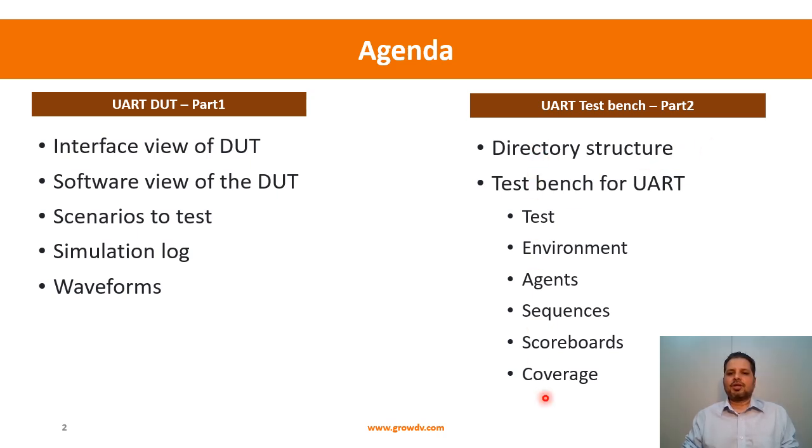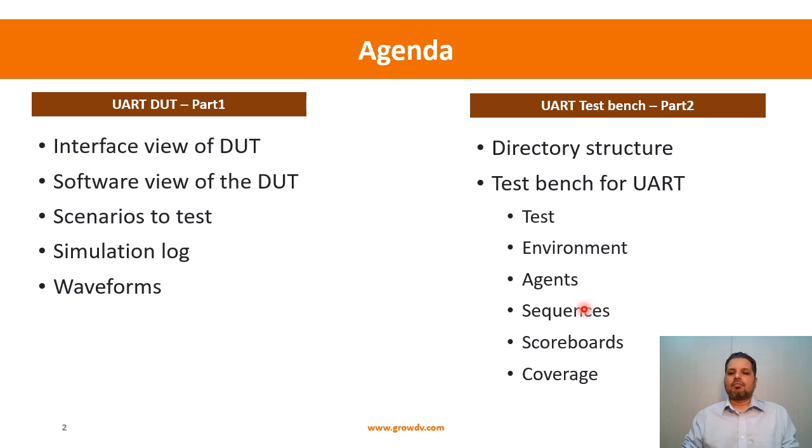This is what will be our agenda. We'll look at the directory structure, then we'll go through the testbench for UART. We'll start with the top. The UVM top of anything is the test that we are running, then how the test instances the environment, which instances the agents. The test configures the environment, which in turn configures the agent, and then the test invokes the sequences which lead to stimulus generation.